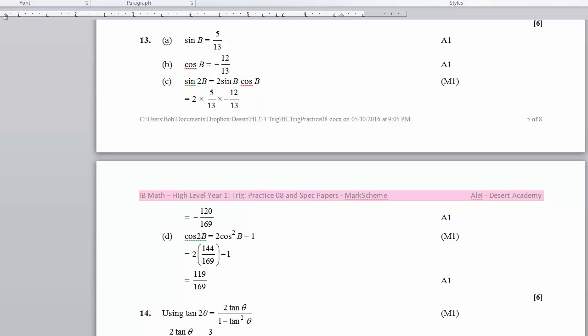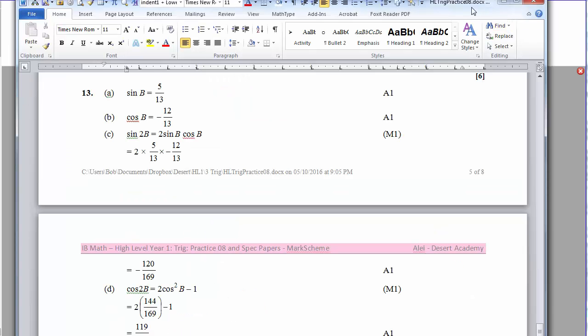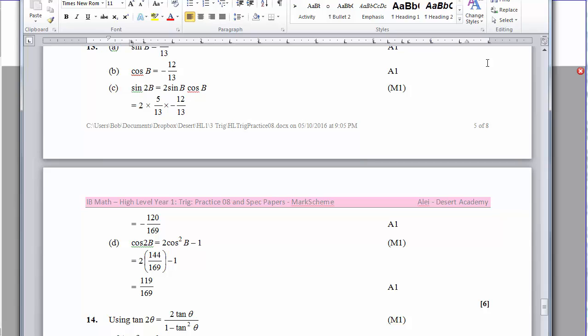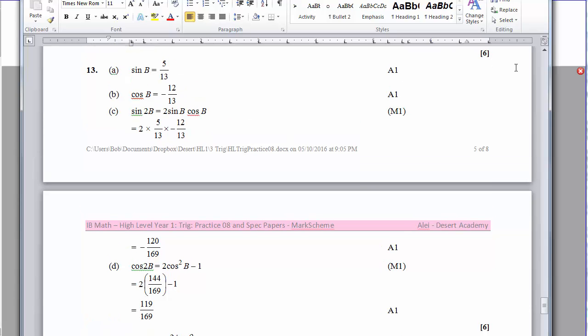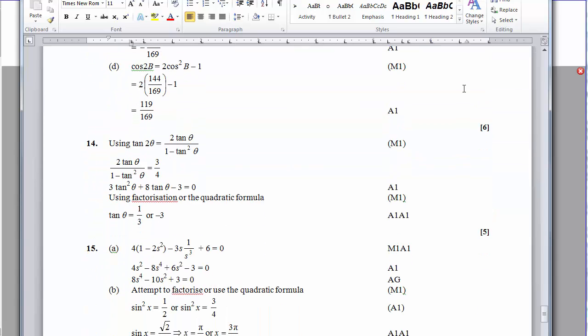So, whoops, that didn't work. There, can you see, yeah, you should be able to see the whole mark scheme for 13. And there's 14, plus the rest of 13, sorry. Alrighty, that's the homework, and now we'll move on with the lesson.